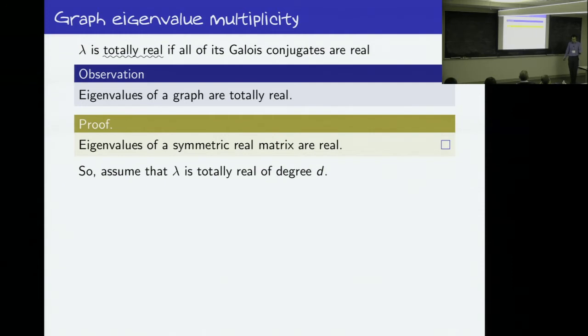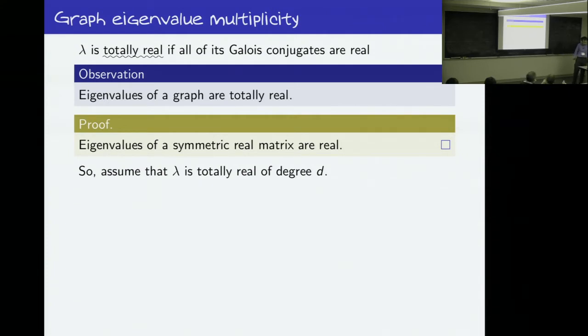So if a number is not real, I'm not going to get it. But also, if it has a conjugate which is not real, it's also not going to be an eigenvalue of such a thing. So lambda has to be real, and all its conjugates have to be real. So it's what's called a totally real algebraic integer.